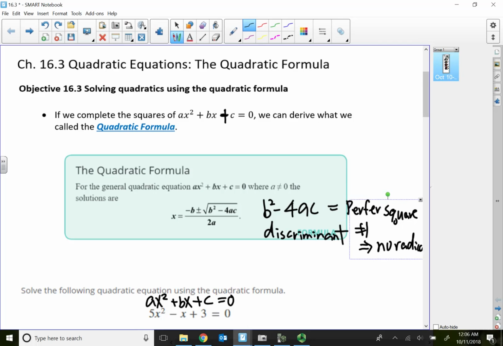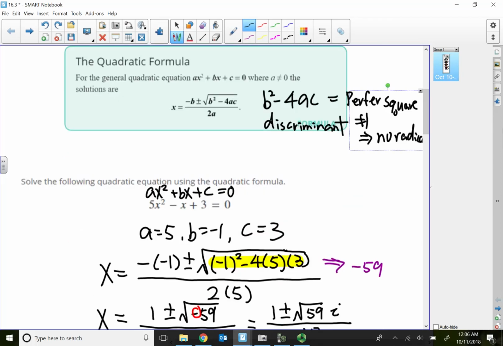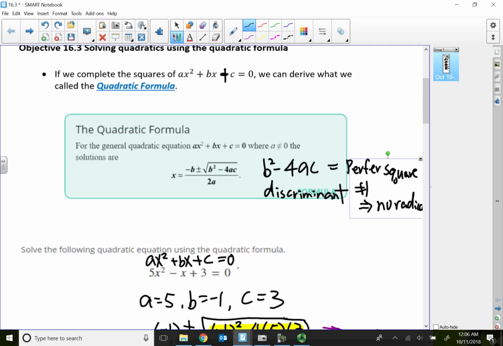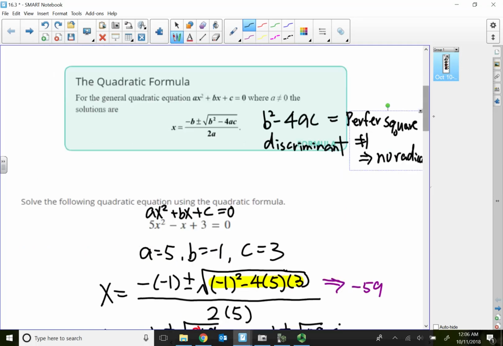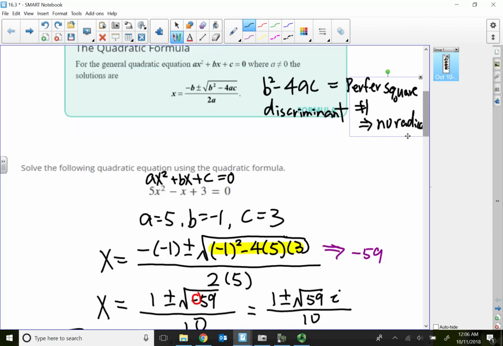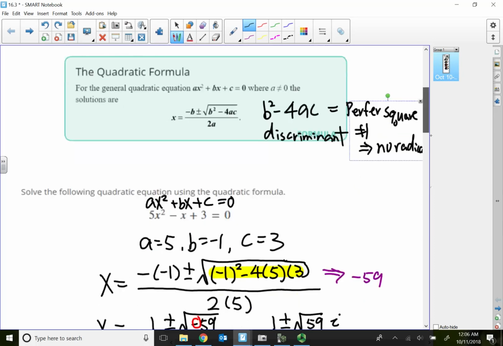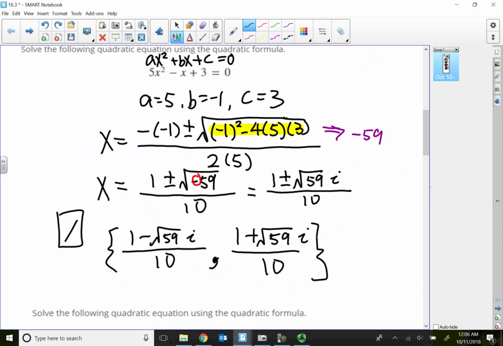In other words, if the discriminant is a perfect square number, that means that quadratic equation is actually factorable. If the discriminant gives you non-perfect square numbers, that means your answer will have a radical. If your discriminant is negative, doesn't matter if it's perfect square or not, that means your answer will have an i with it, which is a non-real number.